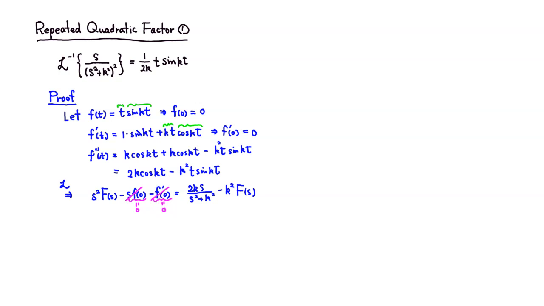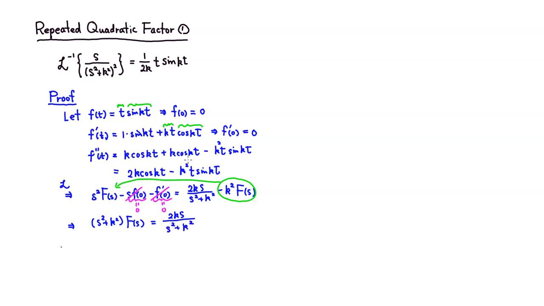We can bring this guy over to the other side, combined with s squared F of s. So we have s squared plus k squared, F of s, is equal to the only thing left, 2ks over s squared plus k squared.